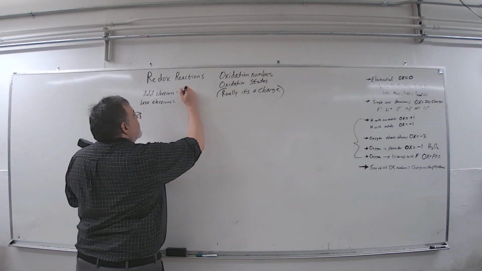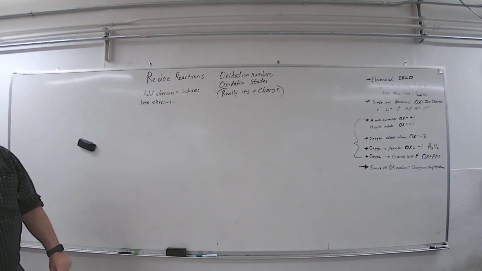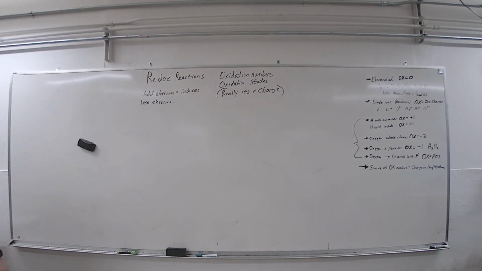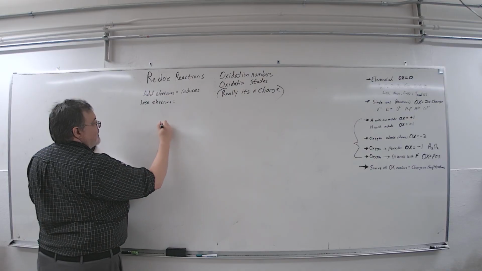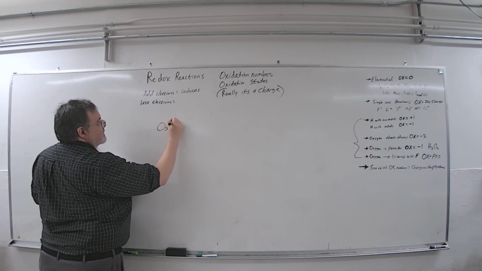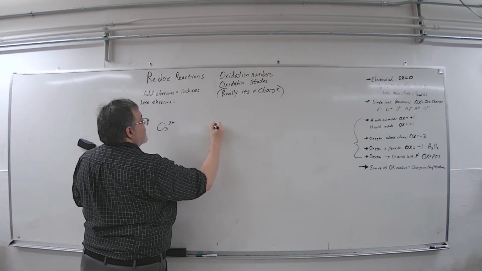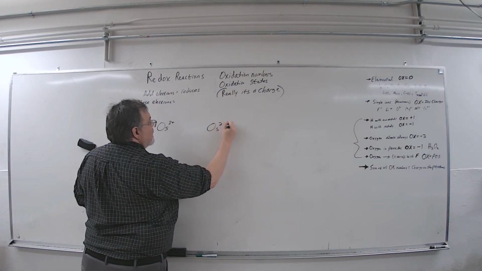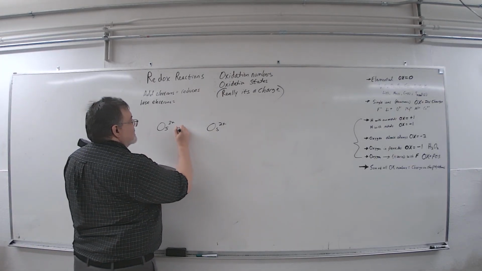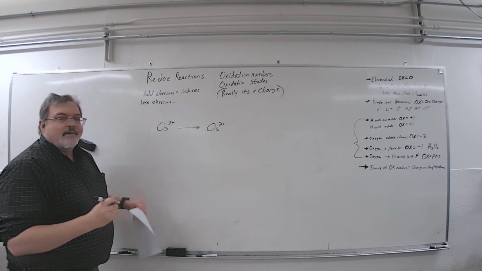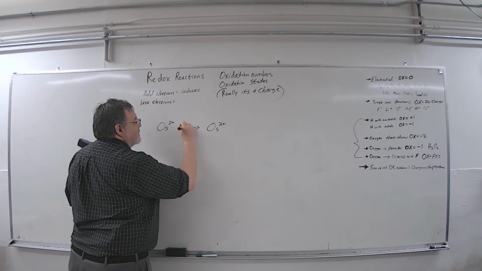Let's say it's osmium, and it's 3+, and then something happens, and it becomes osmium 2+. What has happened to it is it's gained an electron. And what happened to its charge? It reduced.